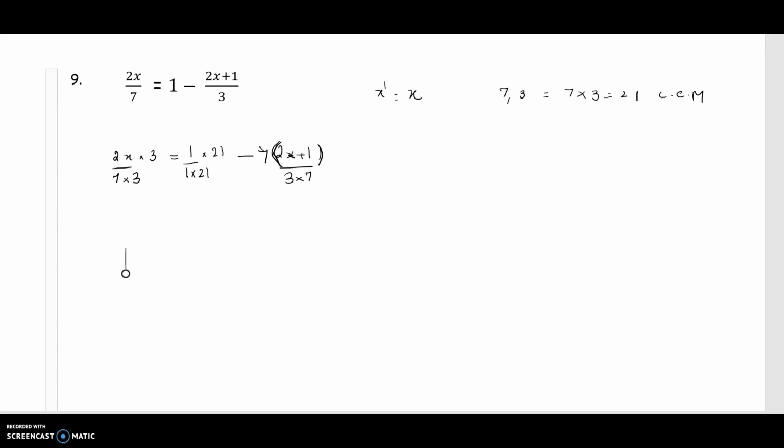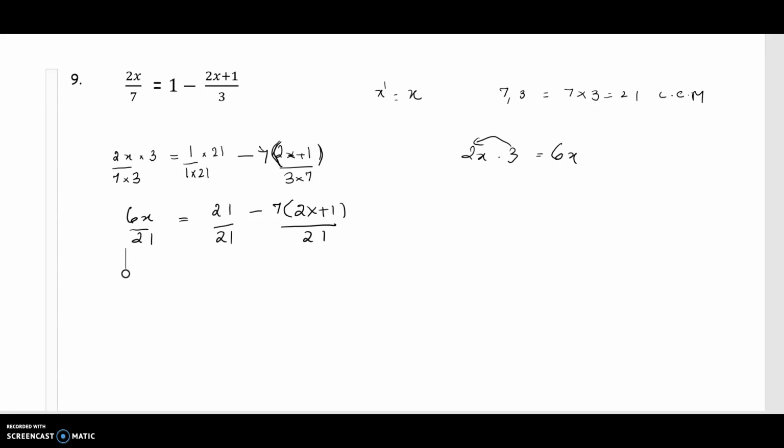So 2x times 3 is 3 times 2, 6, and then x. So that's 6x over 21 equals 21 over 21. We need the 21 in the denominator because we're trying to get a common denominator, minus 7 times 2x plus 1 over 21.